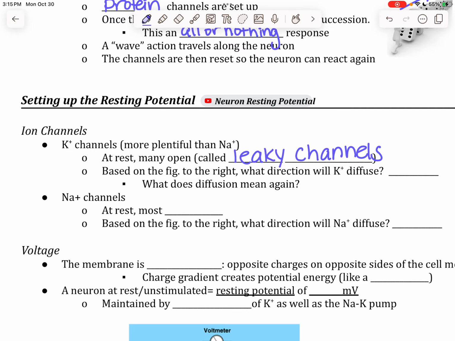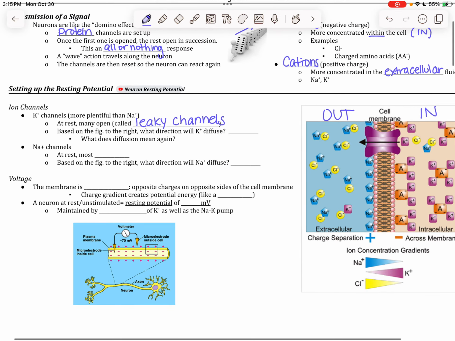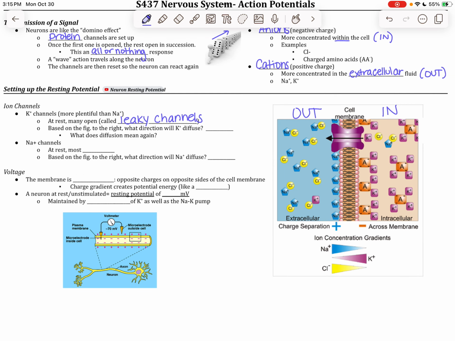They're just leaking through. Based on the figure, which direction will potassium diffuse? It looks to me like we have a lot of potassium on this right side and barely any on the left. So naturally, according to diffusion, they're going to move out of the cell.